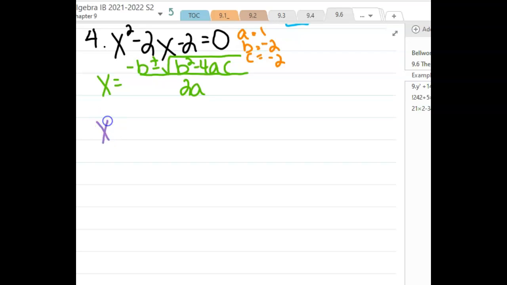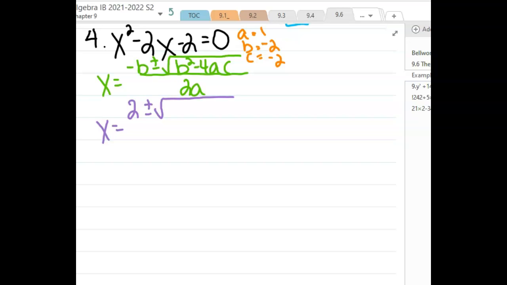Now, very carefully, we're going to plug these numbers in. So we're going to do x equals, first I need to take the opposite of b, so we're going to flip that to a positive 2, plus or minus the square root. Now remember here, underneath the radical, we're taking b squared. And remember what I told you guys yesterday, that it does not matter if b is positive or negative. When you square it, it is going to be positive.